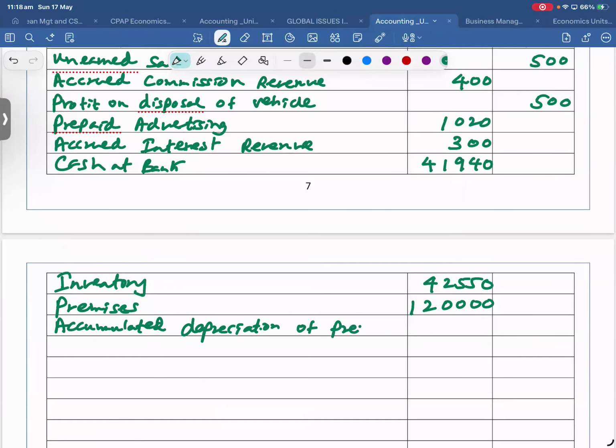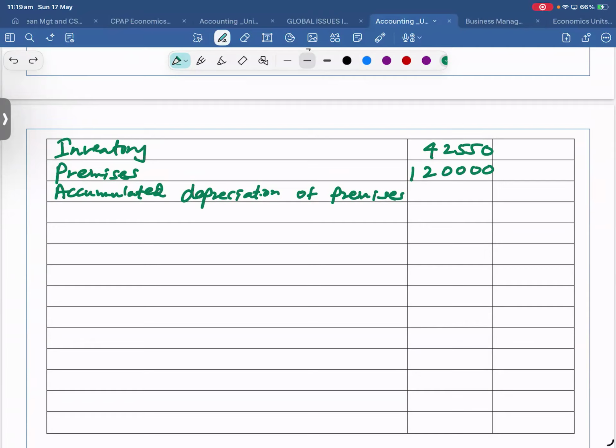We recorded that, yes. Yeah, 500. No, not 120,000. From the 20,000. 20,000 times 10%. No, 5%, and half of that for 6 months. Yep. Accumulated depreciation was total 10,500.